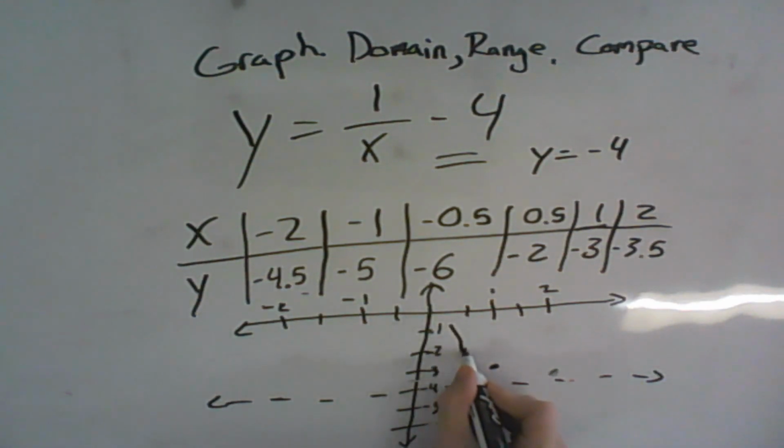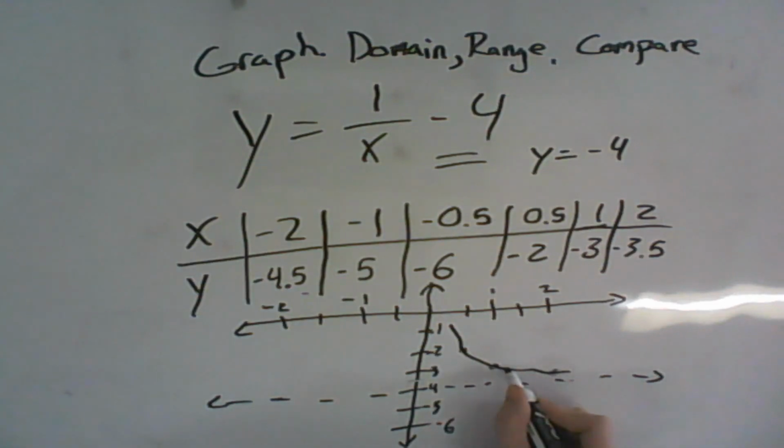So if you see, this is curving, you're going to want to have this kind of shape. Same thing over here, 1/2 is going to give us -6, -1 is going to give us -5, and then -2 is going to give us -4.5.